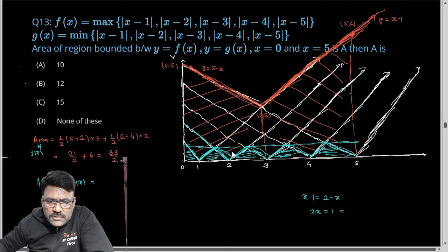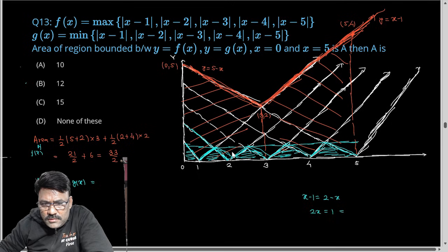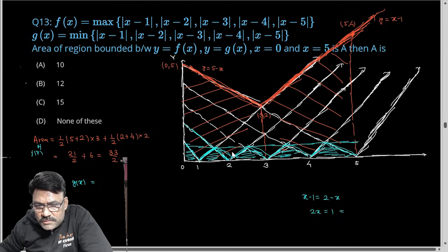I'm getting different here. This line is y is equal to x minus 1, right? Yes. And this downward line is y is equal to 2 minus x. So if I solve, I'm getting 2x is equal to 3. So x is 3 by 2.